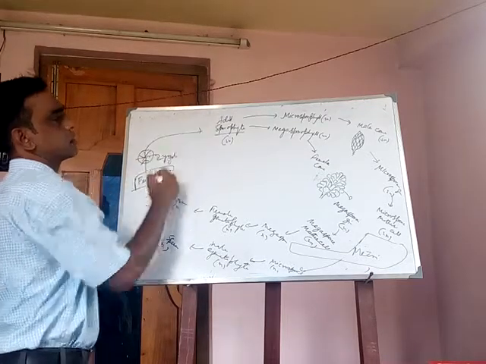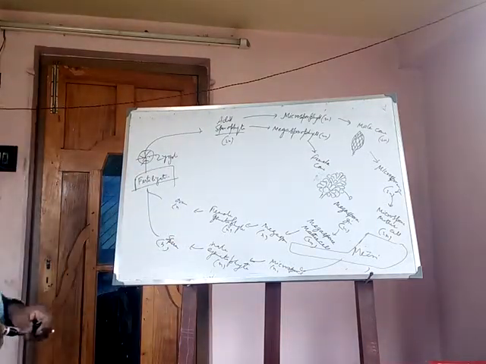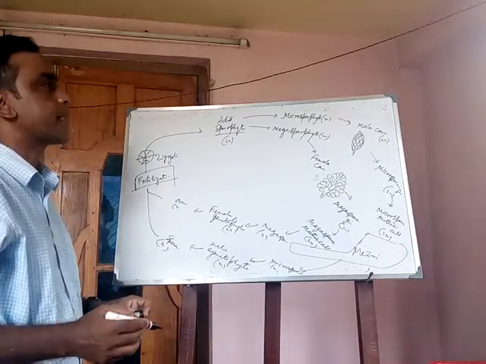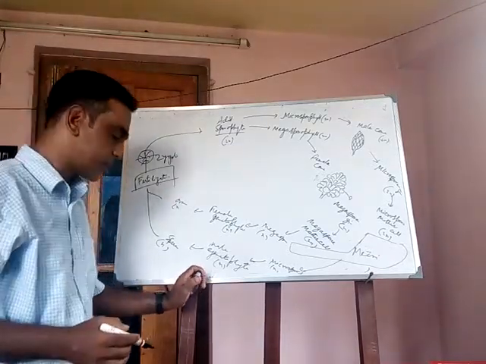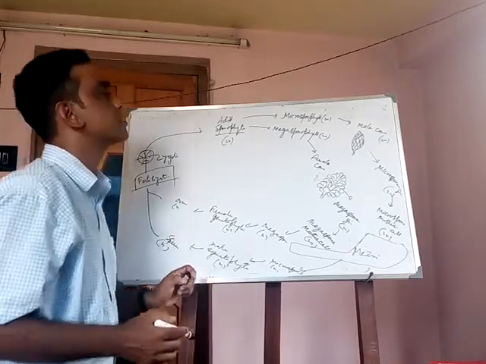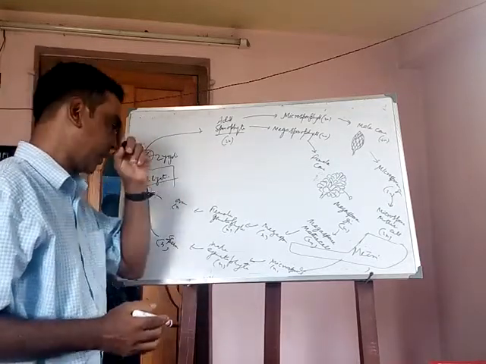Zygote produces the adult sporophyte. It is the life cycle of gymnosperm bodies.